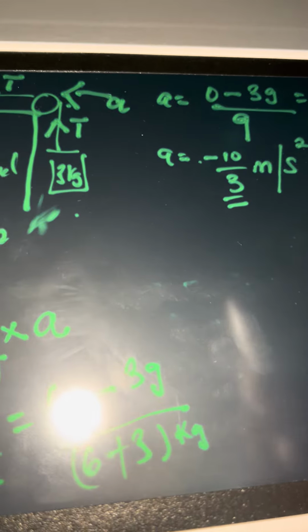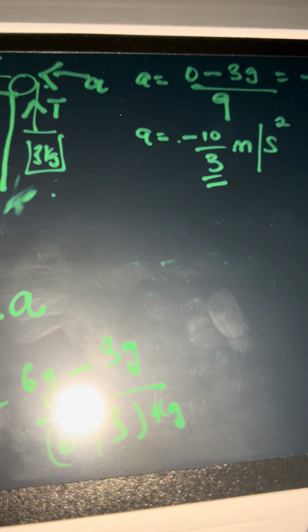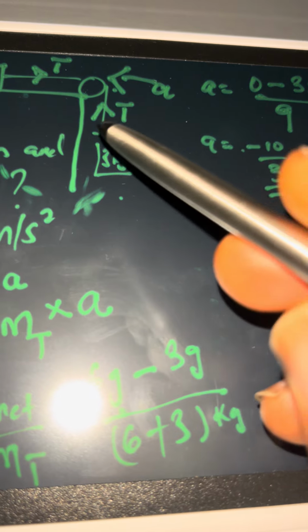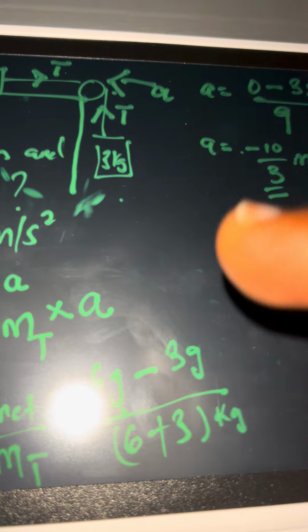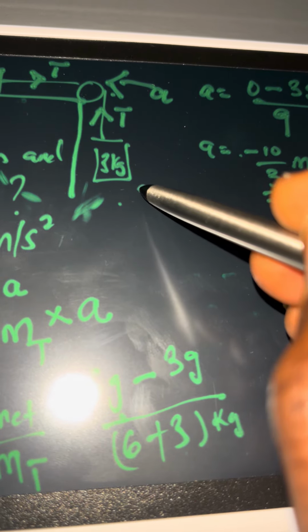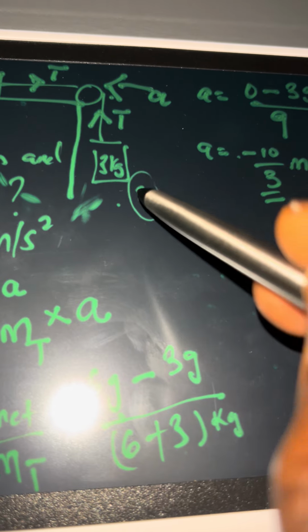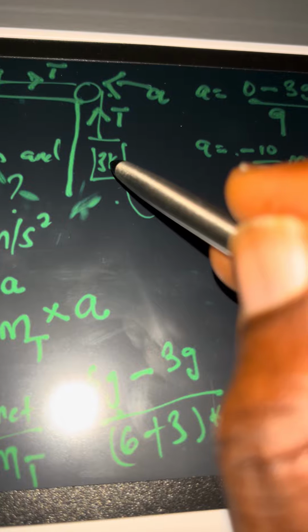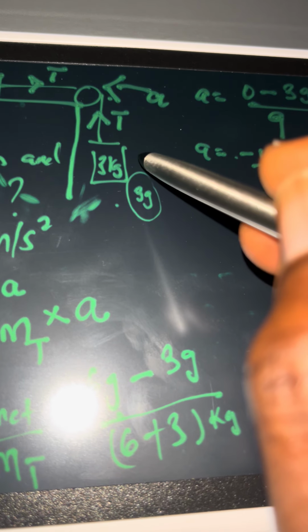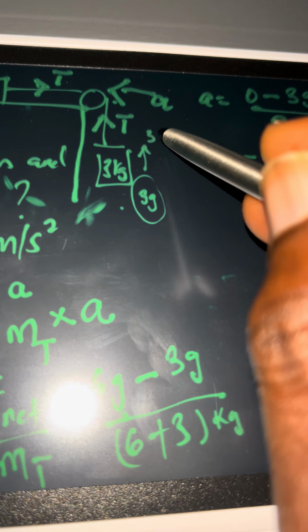So let's go for the tension now. Now the tension for 3 kg, because it's going upward, there's a gravity 3g acting on the mass. The force of gravity is acting on the mass, and the one that is causing it to move is 3a.